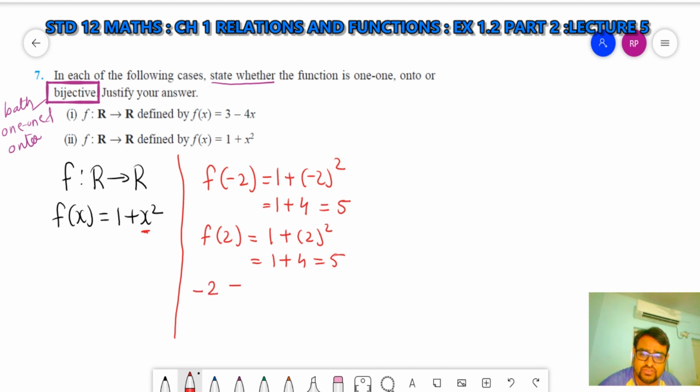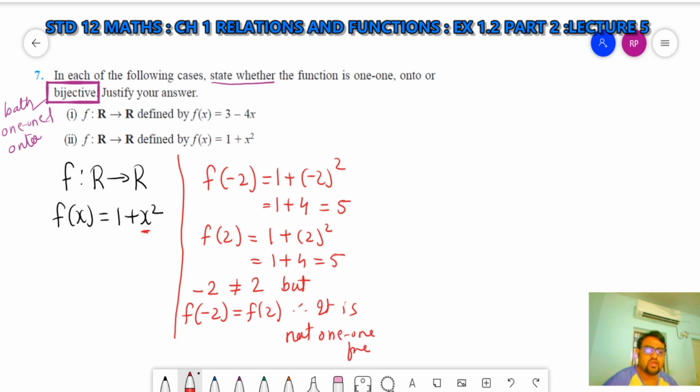Minus 2 is not equal to plus 2, but f of minus 2 is equal to f of 2, therefore it is not a 1-1 function. So clearly it is not 1-1, that means it will never be a bijective function.